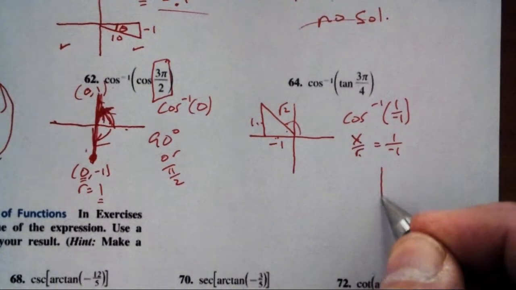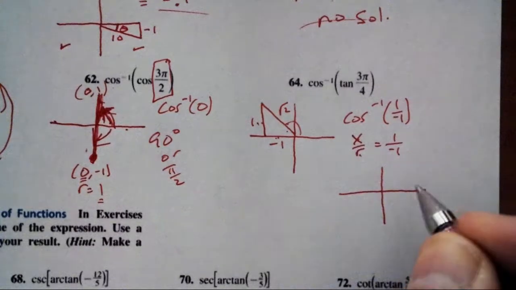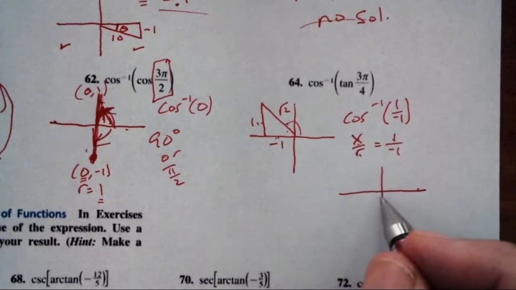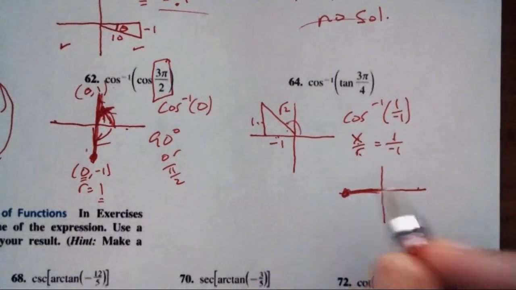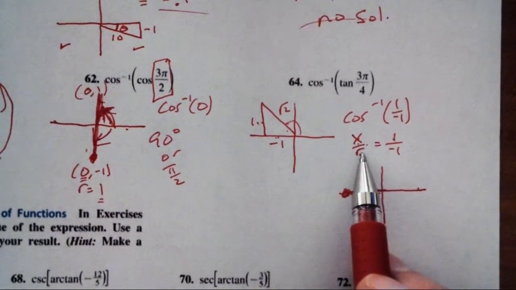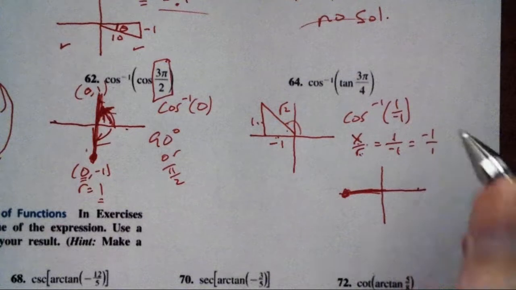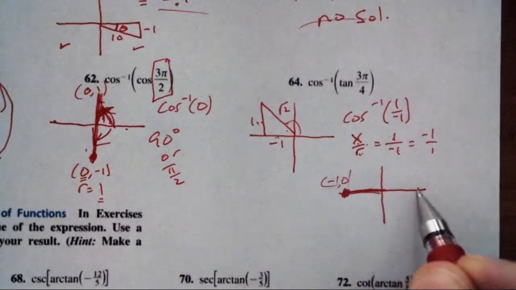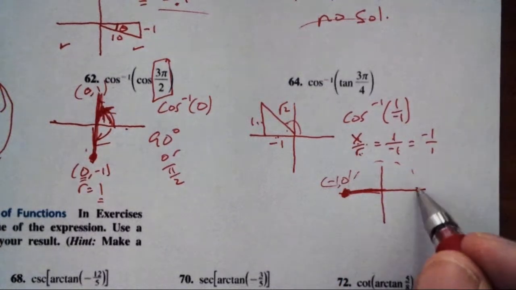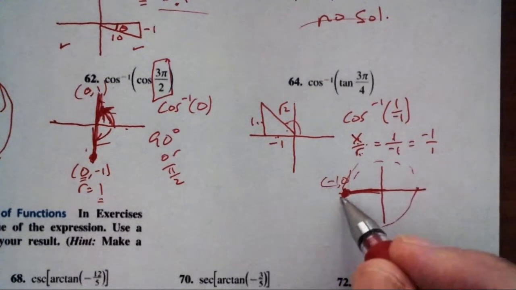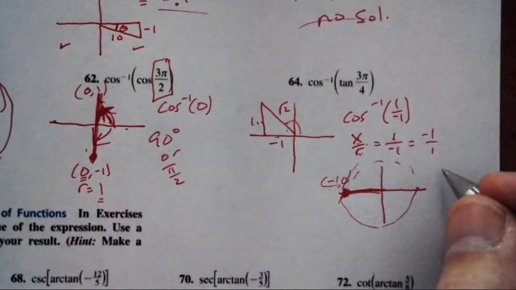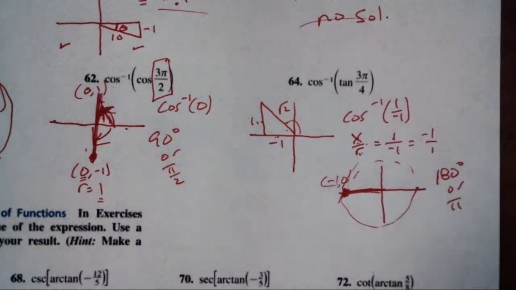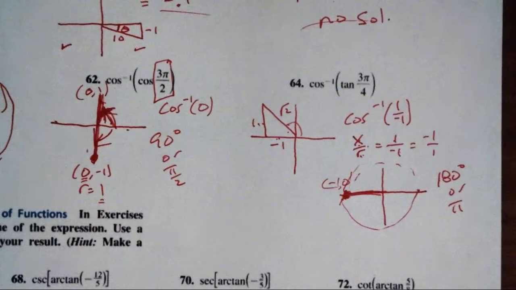It can't. However, when it's the same length, that's quadrantal. I want x to be -1 when r is 1. And that happens right here at -1, 0, r is 1. So it's either 180 that way or 180 that way. We choose positive. 180 degrees or pi.